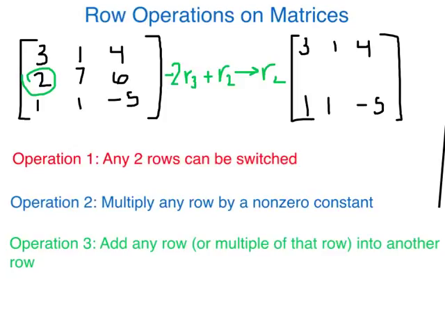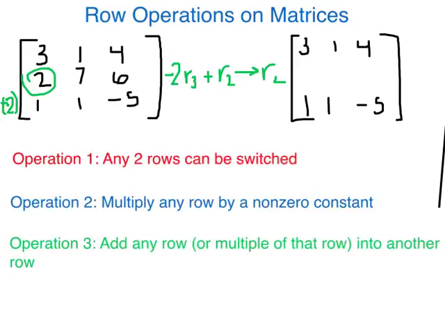Row 2 will get changed. So some people like to write here a -2 in front of the row that you're using to remember that you need to multiply everything in row 3 by -2.